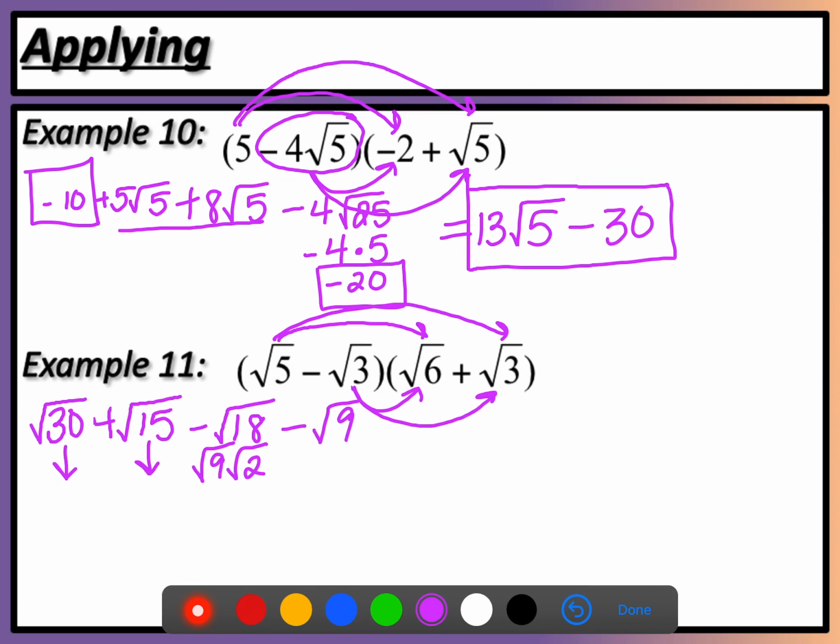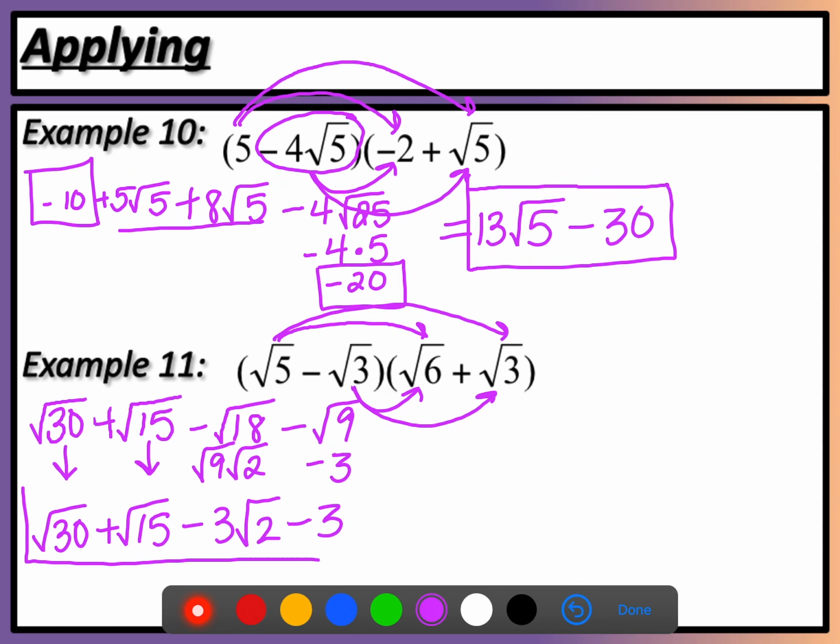This is going to be 9 and 2, and square root of 9 is just going to be minus 3. So square root of 30 plus square root of 15 minus 3 root 2 minus 3. Okay, none of those are like terms, so that is our final answer.